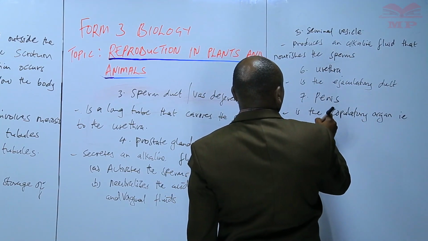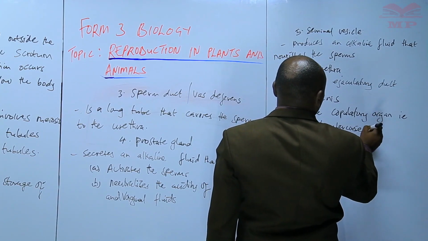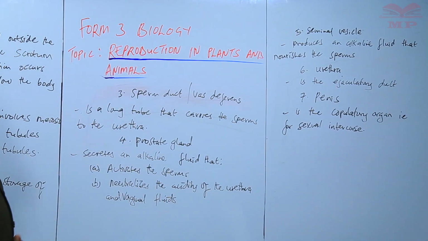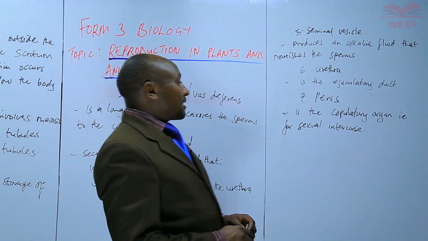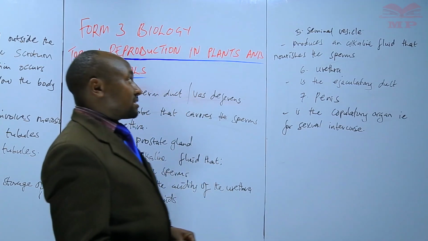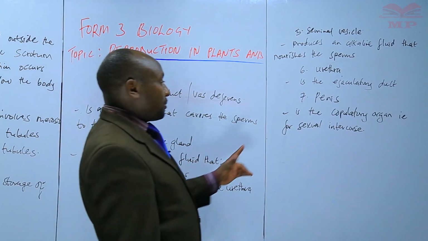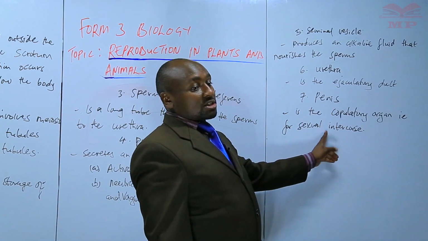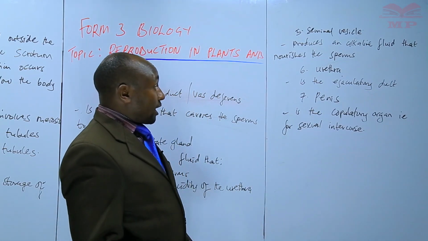So basically we have those parts of the male reproductive system plus their functions, all the way from the testes up to the penis, which is the organ that is usually used for sexual intercourse, or the copulatory organ.